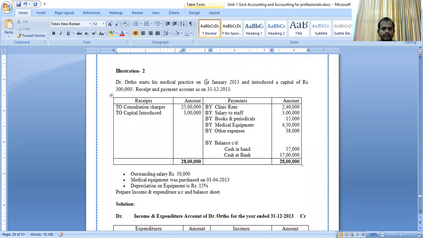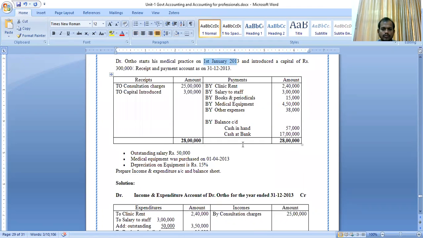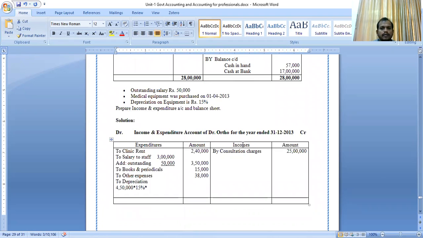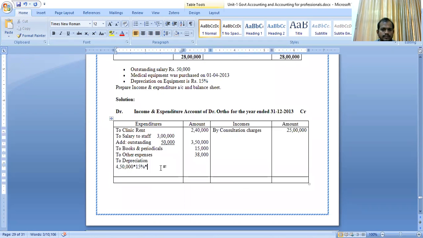In the sense, the medical practice started from 1st January, so he used it for only 9 months. So it comes around 50,625.